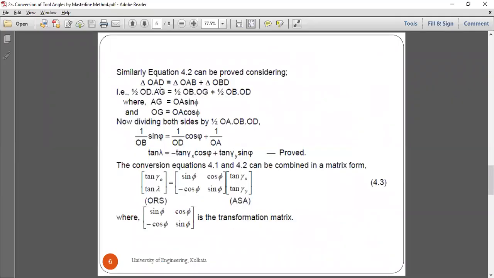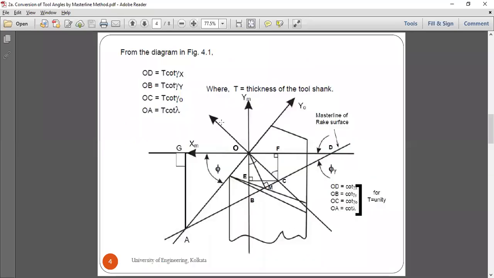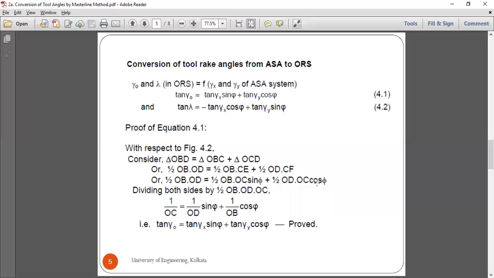There is some printing mistake here, it should be AG. Rather, we consider this height AG. So this height, if you consider, you will get the value.